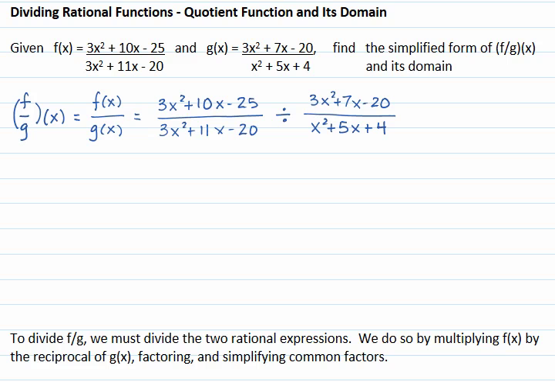To divide rational expressions, we multiply by the reciprocal of the second one. So the quotient is actually a product, f of x times the reciprocal of g of x.